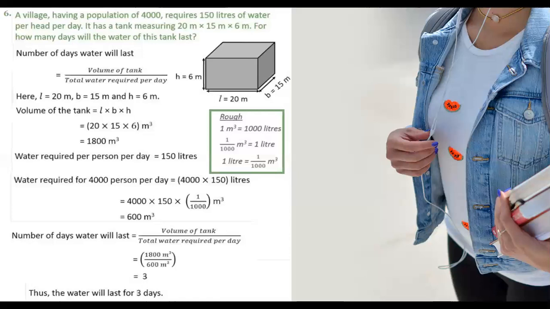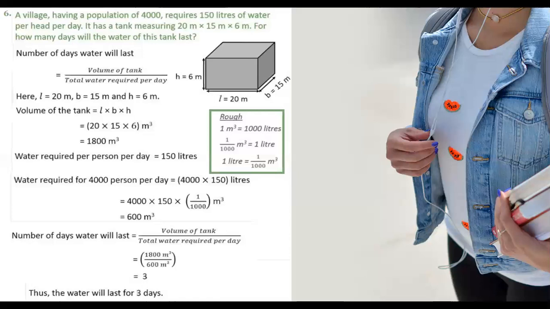That is 600 meter cube, because we know that 1 meter cube is equal to 1,000 liters, and that is 1 by 1,000 meter cube is equal to 1 liter. Substituting it, we get 600 meter cube.